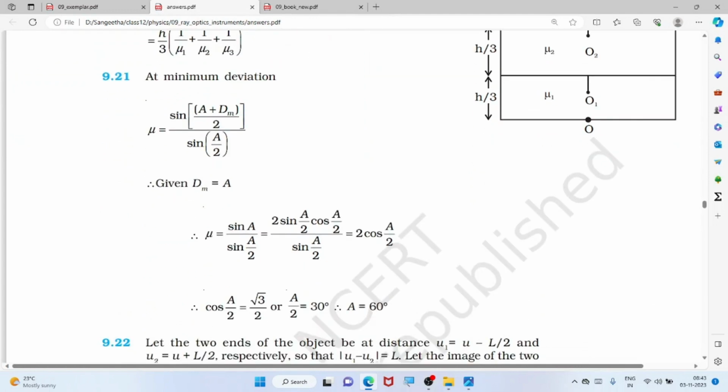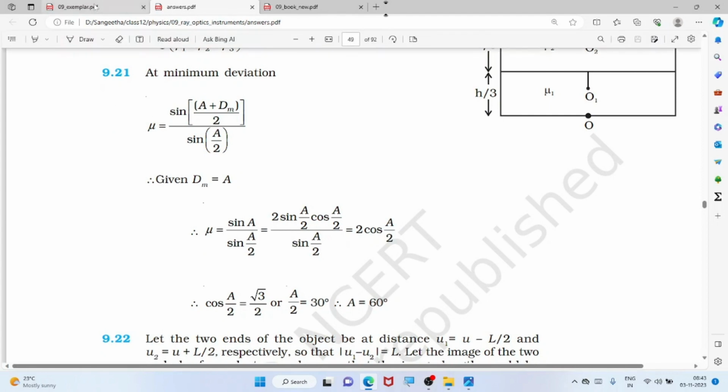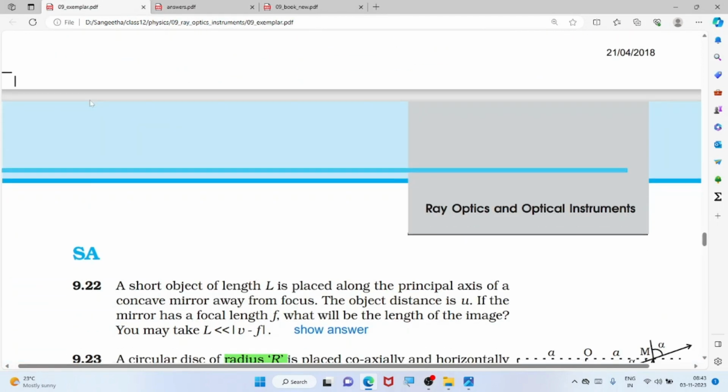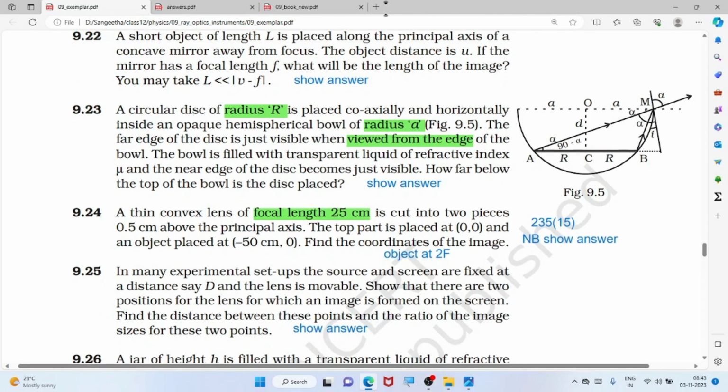At minimum deviation they have given this, then after that they arrive at this. These questions, wherever show answer is there, the answer is given, so you can go through it.